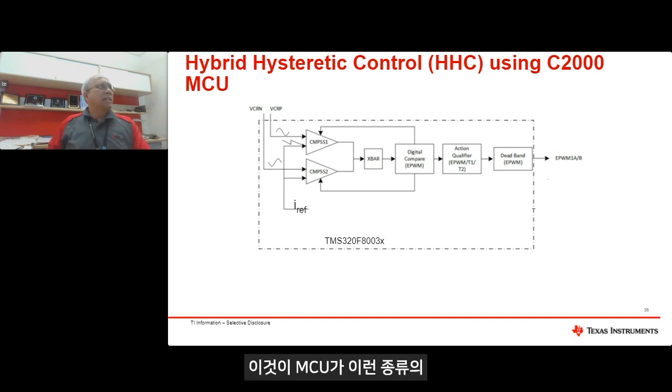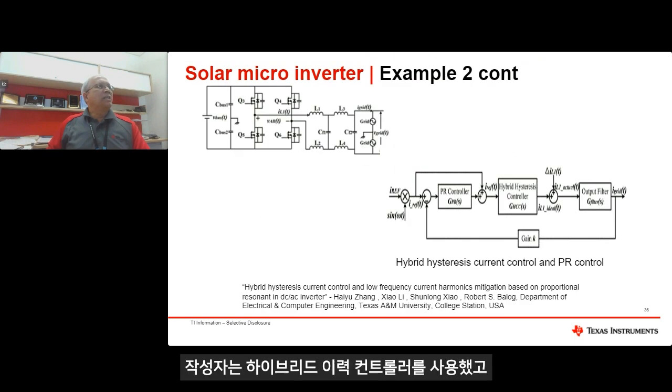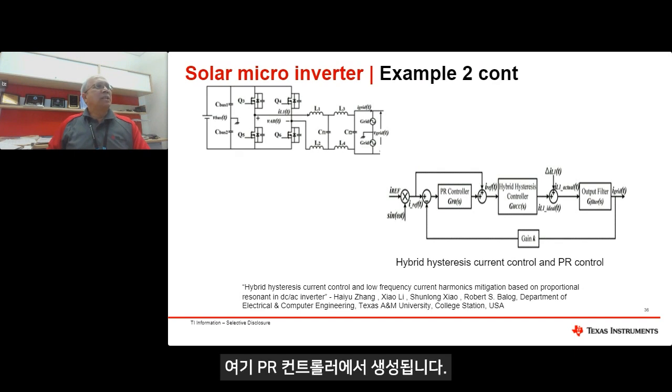So that's another aspect the MCU has to have to be able to implement this kind of hysteretic control. And if you look at the complete controller here, the authors reported a hybrid hysteretic controller, and the reference of the hybrid hysteretic controller is generated from the PR controller here, and that's the complete current control loop for the inverter that achieves very high efficiency and low THD in this implementation.